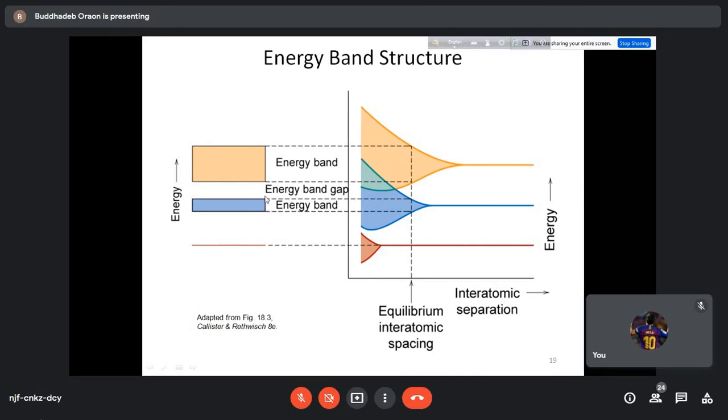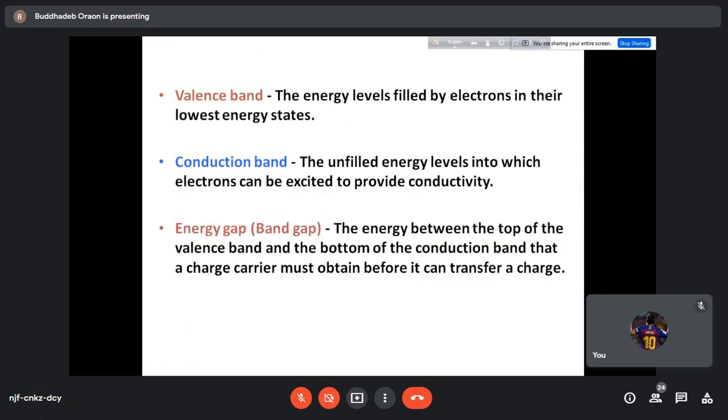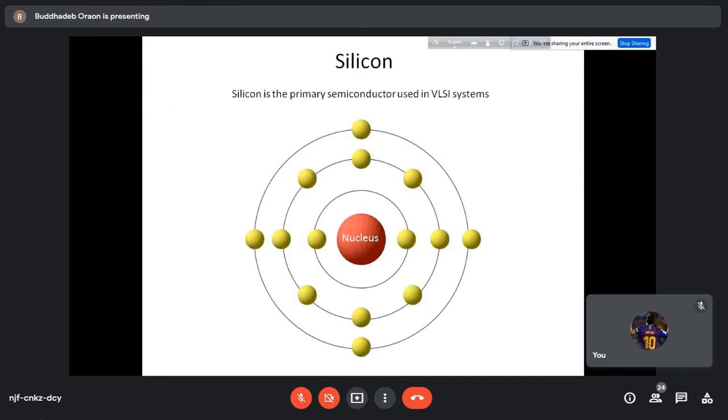This band gap plays an important role in the conductivity of the material, which we will see. So the idea of valence band, conduction band, and energy gap we will see in detail.